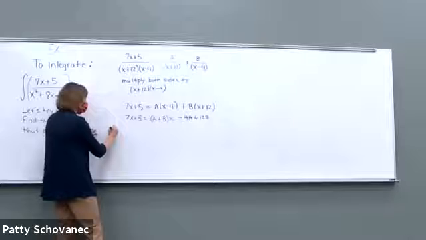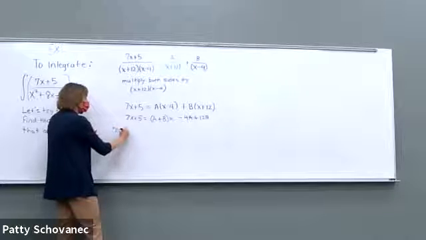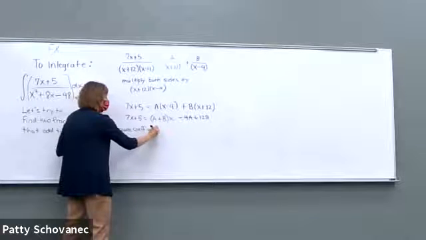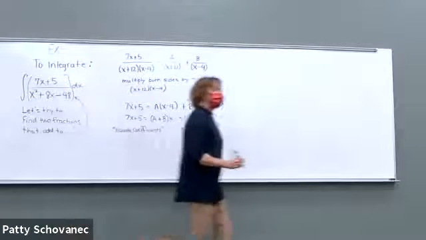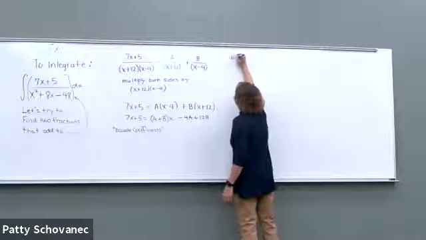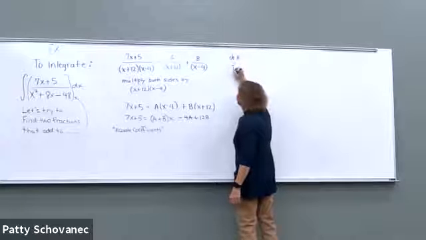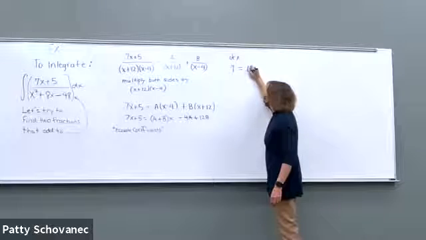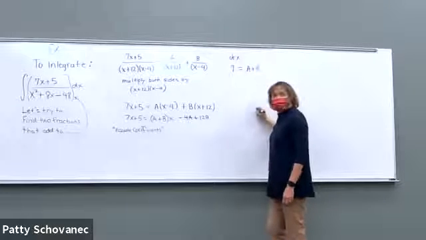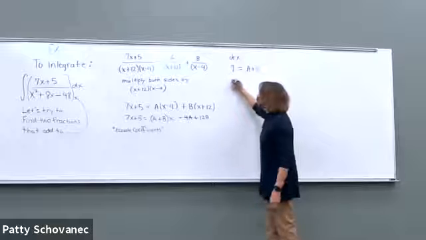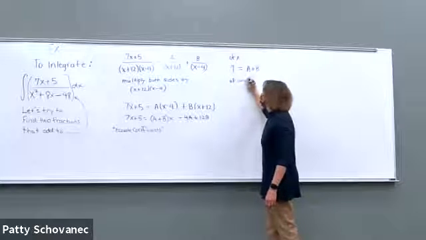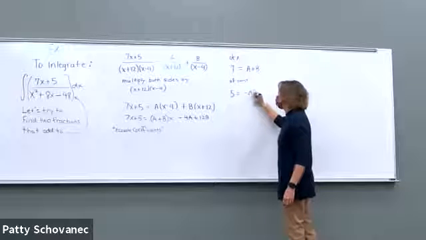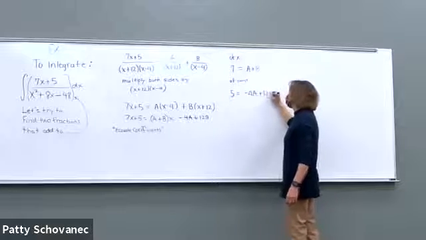So we're going to equate coefficients. On the left-hand side, the coefficient of x is 7. On the right-hand side, the coefficient of x is A plus B. Then we have the constant terms. The constant on the left is 5. The constant on the right is minus 4A plus 12B.